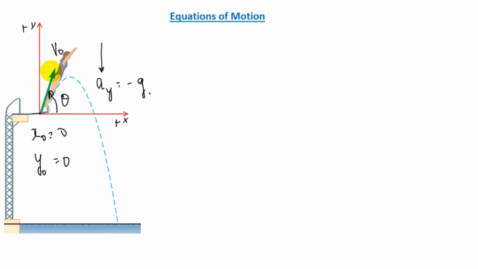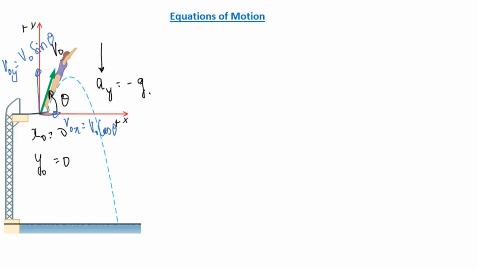Now this velocity will have two components in the x and the y direction. In the x direction we have v0x, which will be equal to v0 cosine theta, and in the y direction we will have v0y, which will be equal to v0 sine theta, right?